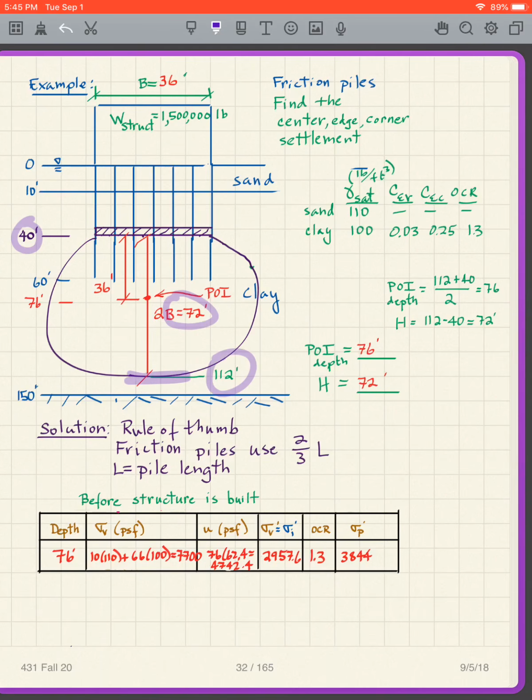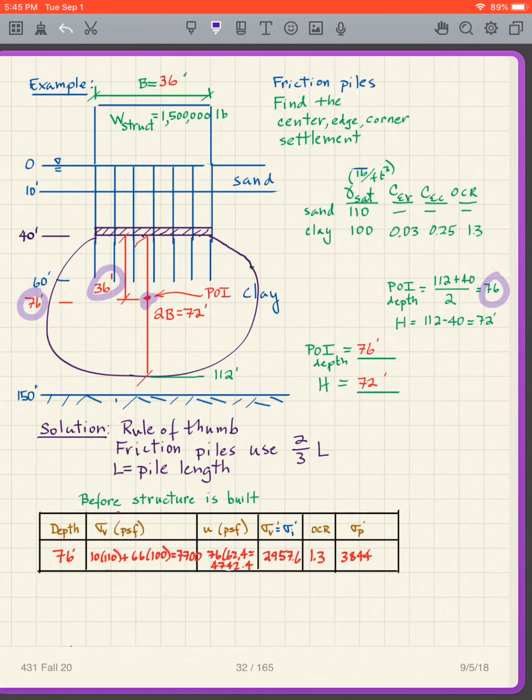So the bottom of the pressure bulb is 112 feet, and the top of the pressure bulb, in this case where we're considering it, is 40 feet, so we have 112 plus 40 divided by 2 to get the point of interest depth. So 76 feet. There is my point of interest right there.